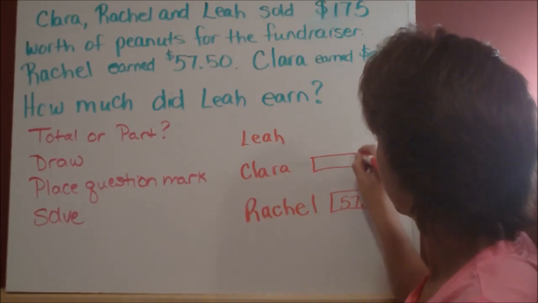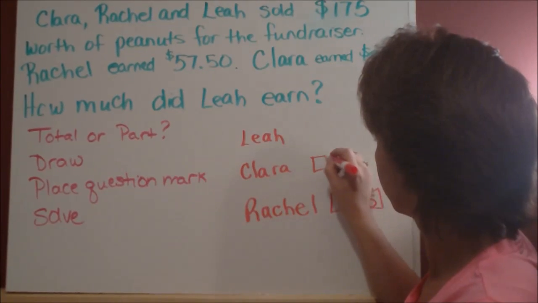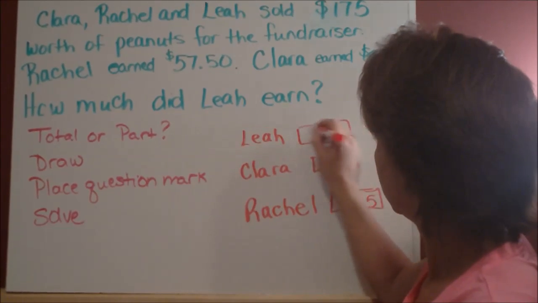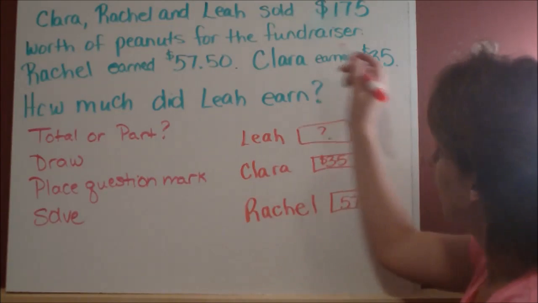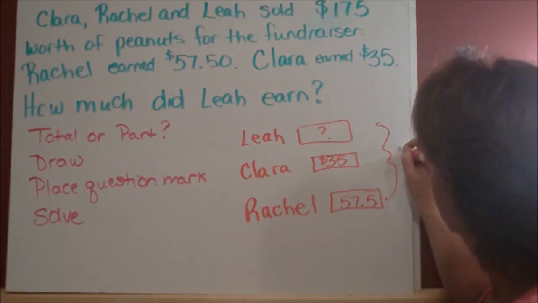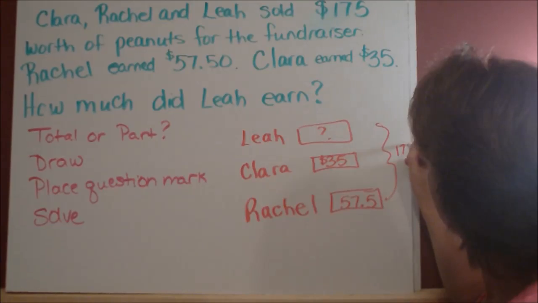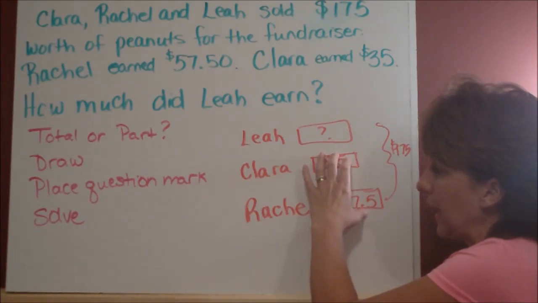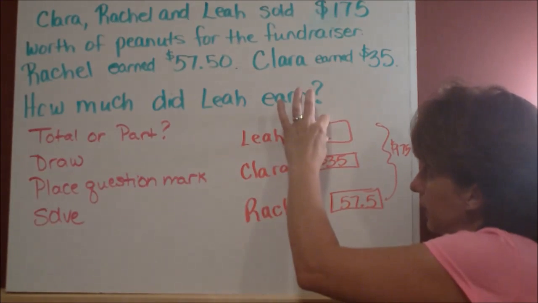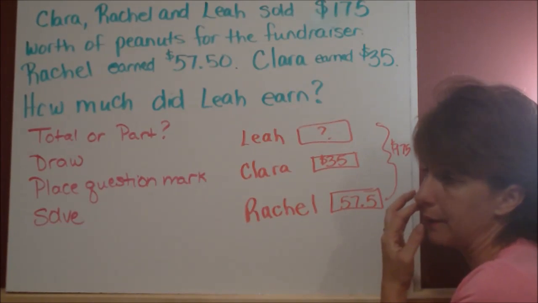Clara earned $35. Leah has the question mark. But I know that all of them together were $175. So these two together plus this is going to equal 175.